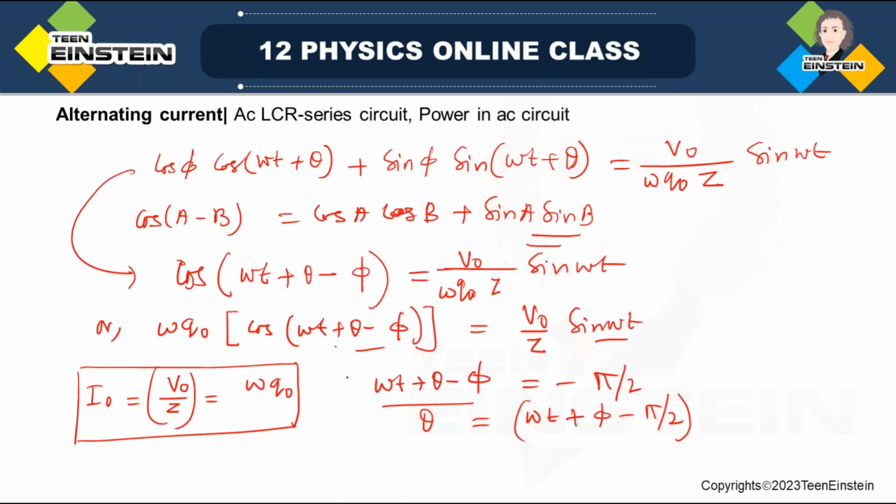Now we had initially guessed the solution as q is equal to Q0 sine of omega t plus theta.